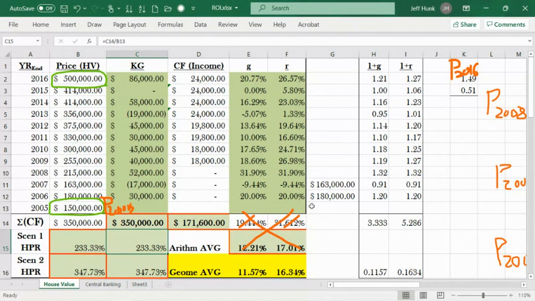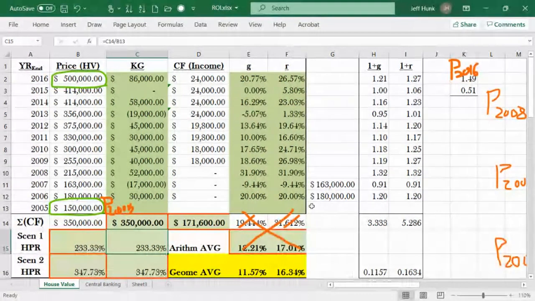The house value could go up. Most likely, house value will go up unless the population is decreasing. So you will have capital gains or capital loss. But in scenario two, on top of the appreciation or depreciation in house value, in other words, capital gains, you also have additional income in the form of rental income, right?